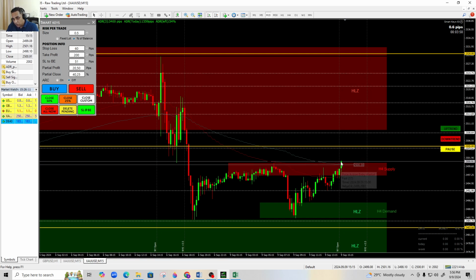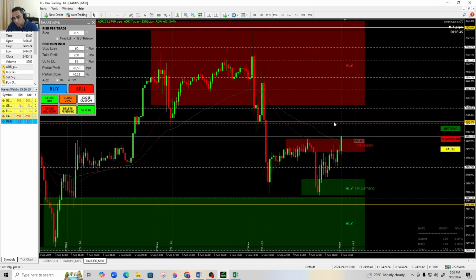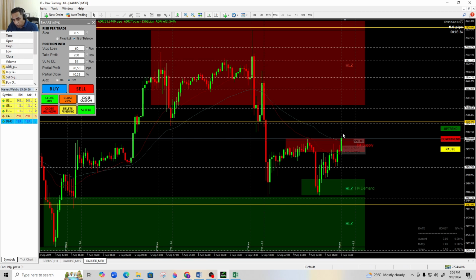But if this M15 candle, or the M30 candle, closes in the next 3.5 minutes and closes back in, this supply zone is still in play. Remember that, because we've closed above in the New York session and we closed back in the supply zone.